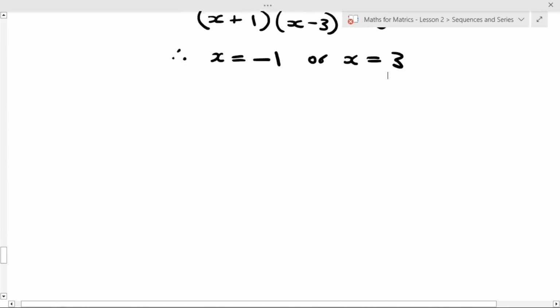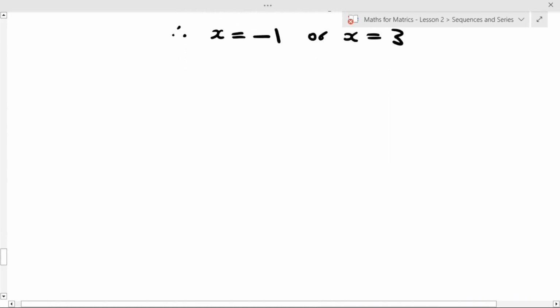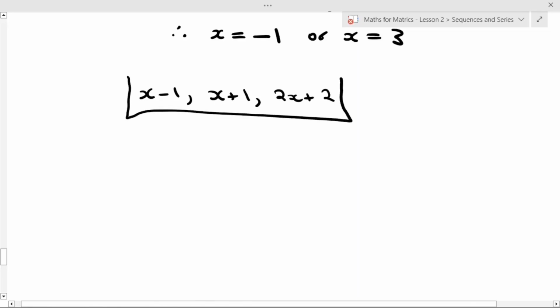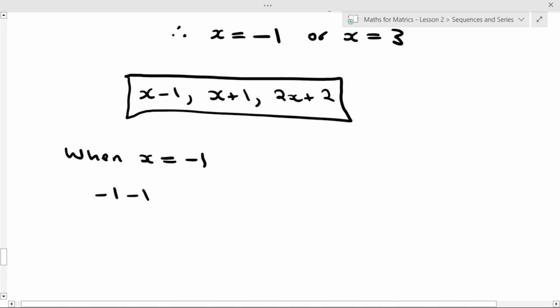Since we have two values of x, we will have to check their validity. The values given to us are x minus 1, x plus 1, and 2x plus 2. When x is minus 1, we have minus 1 minus 1, minus 1 plus 1, and 2 times minus 1 plus 2 as the first three terms.